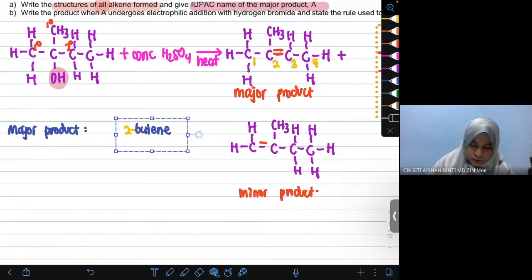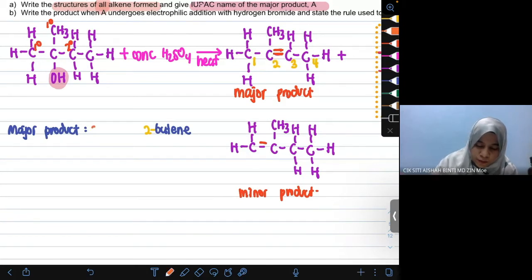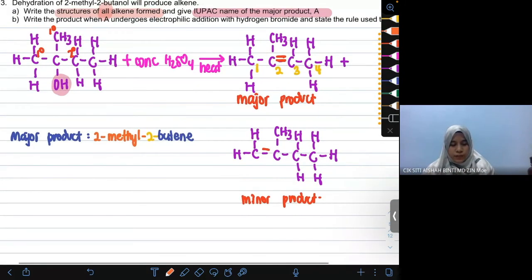The substituent, the CH3, is on carbon number 2. So the name of the major product is 2-methyl-2-butene. So that is for the dehydration. Again, for dehydration, we remove the OH as well as the H. Hence, we combine them, maknanya remove water lah, H2O. So that is for question number 3.